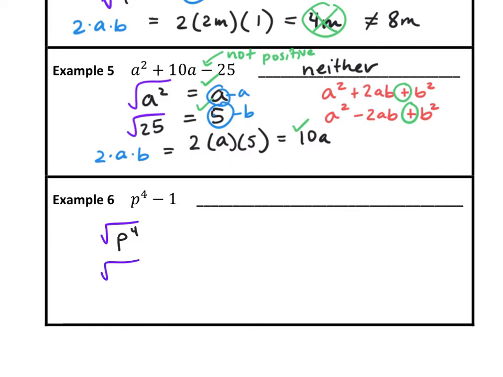Can I square root the last term? Yeah, that's p squared. I can square root it. Check. Square root of 1 is 1. Check. And we want to check if there's subtraction going on, and there is.